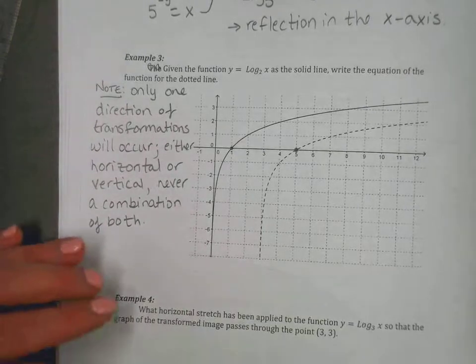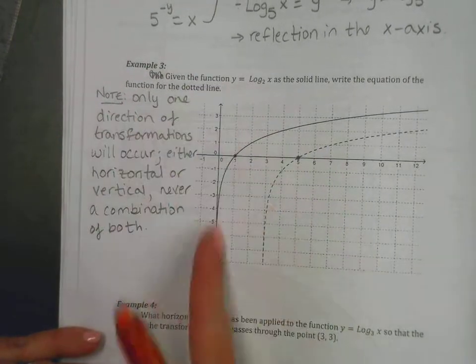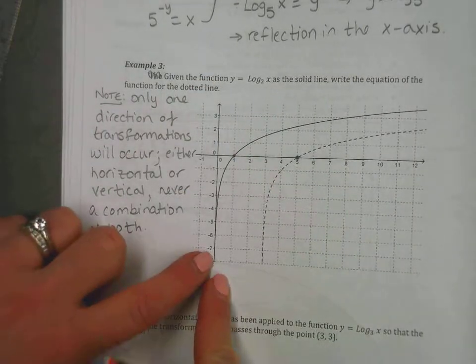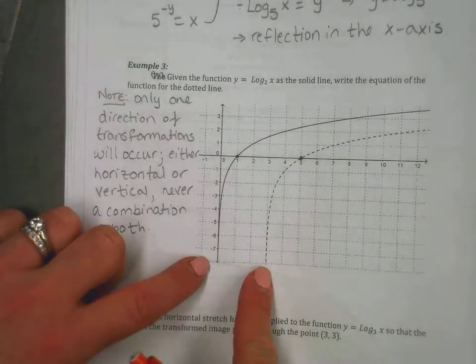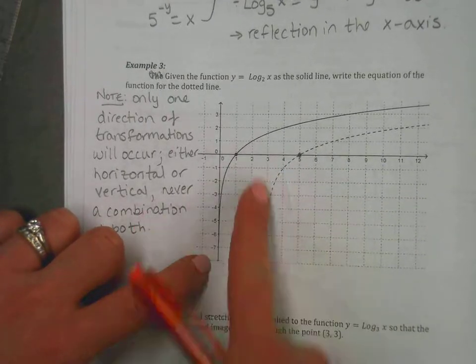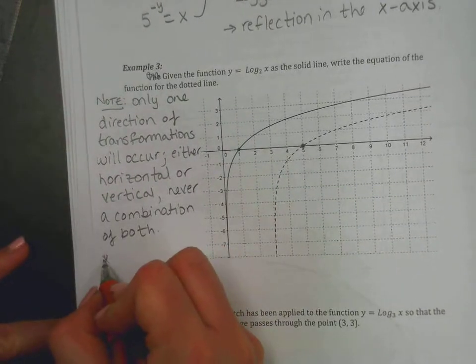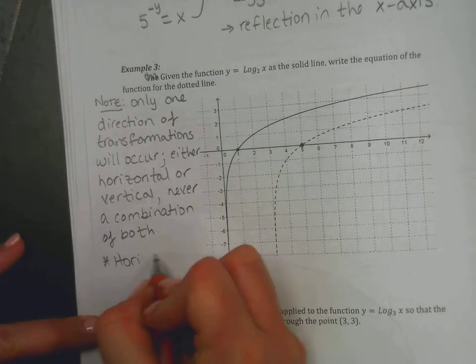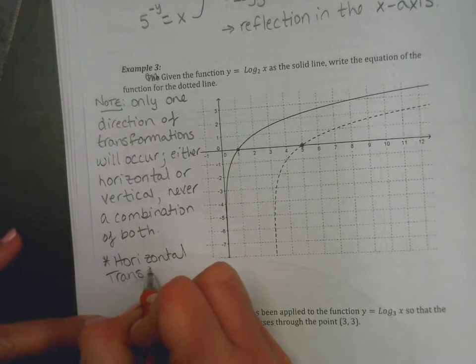What I see here is that my vertical asymptote has obviously changed from x equals 0 to x equals 3. So this tells me my h value. This tells me that there are horizontal transformations occurring here, not vertical.